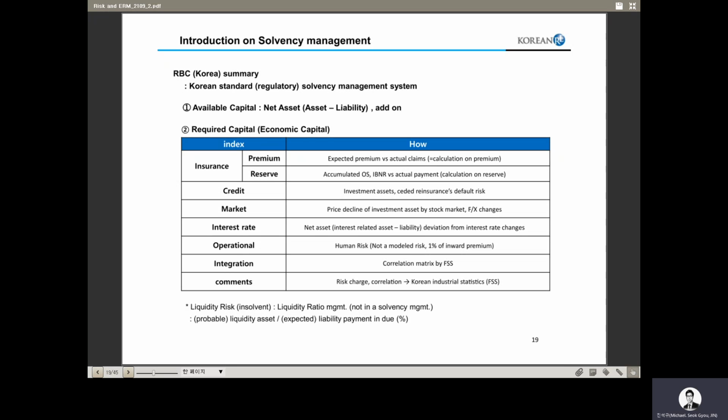It measures insolvency, whether a company could pay its liability payments when due. In liquidity, we and almost all other reinsurance companies control by liquidity ratio management, not solvency ratio. It measures the L ratio by probable liquid assets divided by liability due.